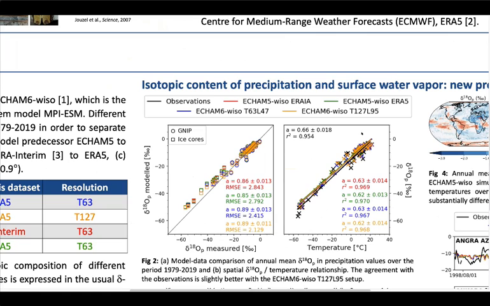And now if we have a look on the spatial relationship between delta 18O and temperature, you can see that compared to the observation in black, we are very consistent with the observation for all the simulation setup, and they are very similar between each other.